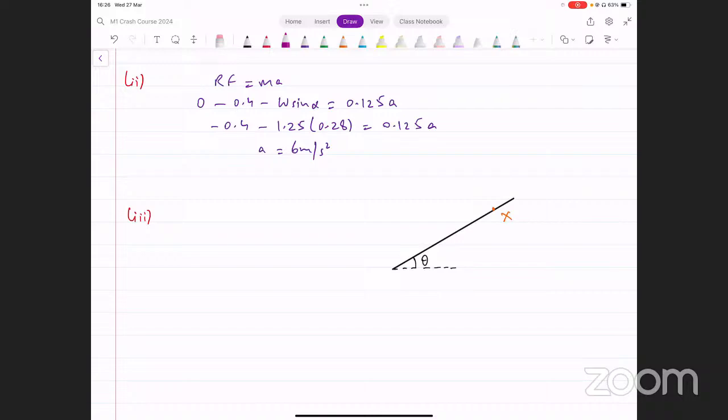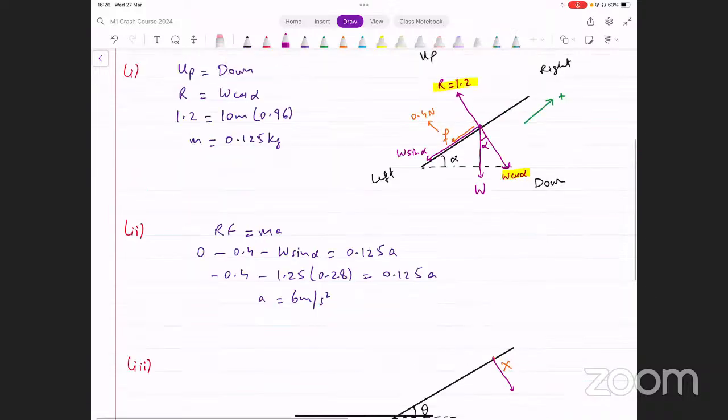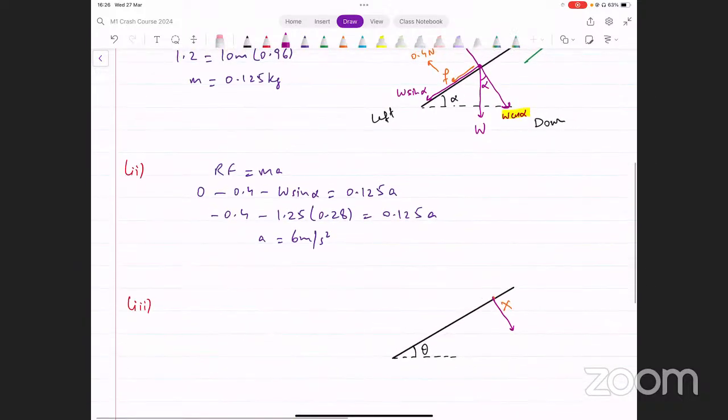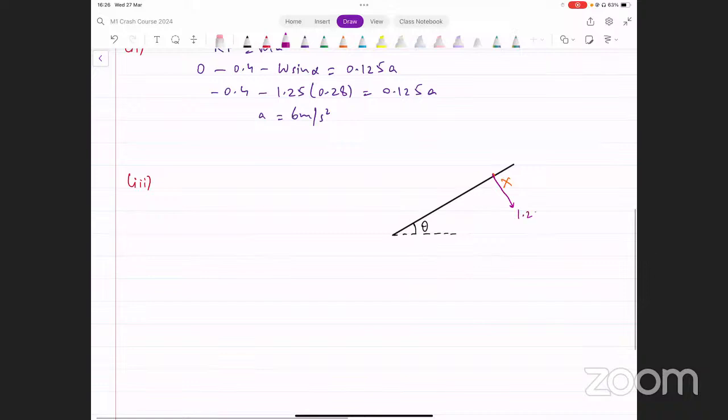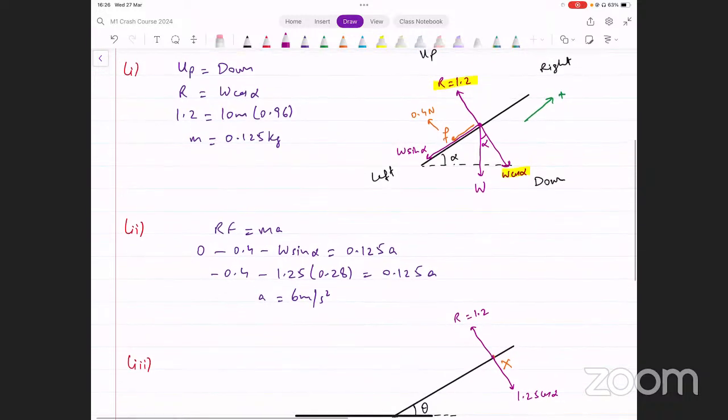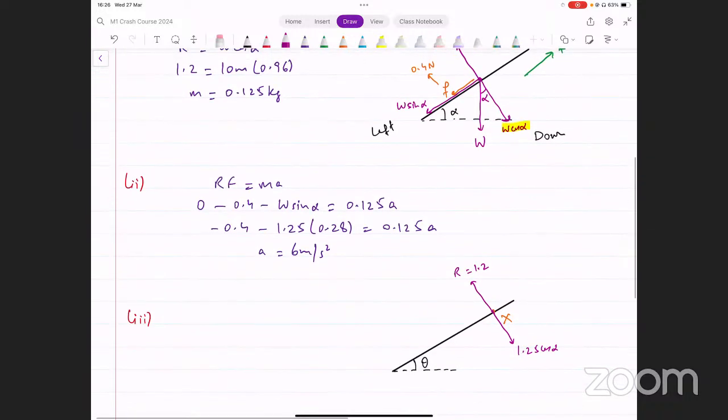You have weight. The component of weight acting in this direction is, sorry, W cos alpha, where W was 1.25. So this is 1.25 cos alpha. And we have reaction, which was 1.2. We had W sine alpha acting in this direction.